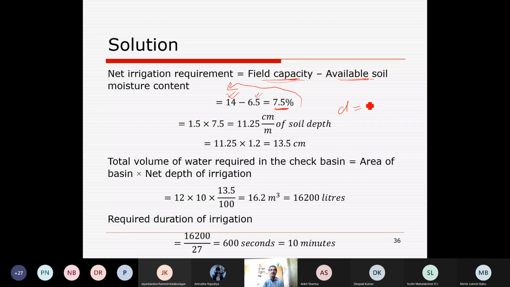So you can simply do 7.5 divided by 100 into specific gravity into Z, that is the depth of water requirement. Isn't that so? Here, 1.5 is the apparent specific gravity, 1.2 is the root zone depth, and this is simply covered in a different manner.